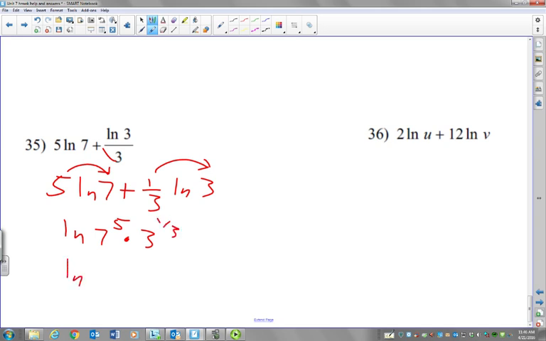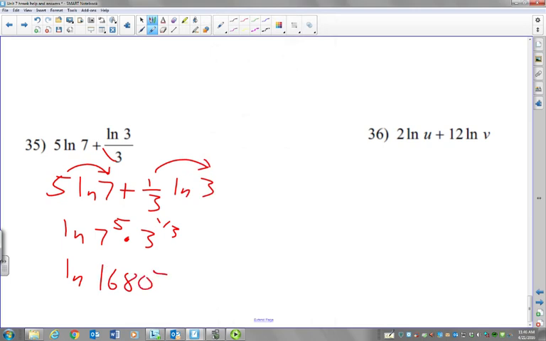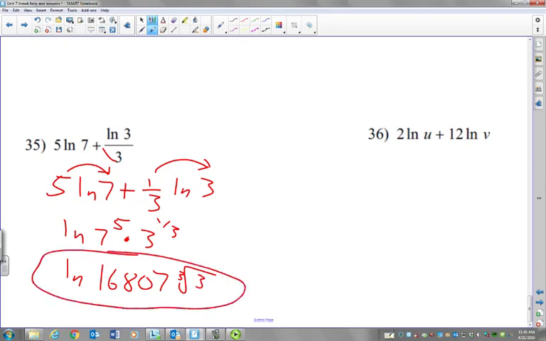And I guess to finish it off, 7 to the 5th, that seems like a humongous number there. Yeah, not too bad. 16807 times the cube root of just 3. Because 1/3 becomes the cube root. So either of those answers will probably be correct.